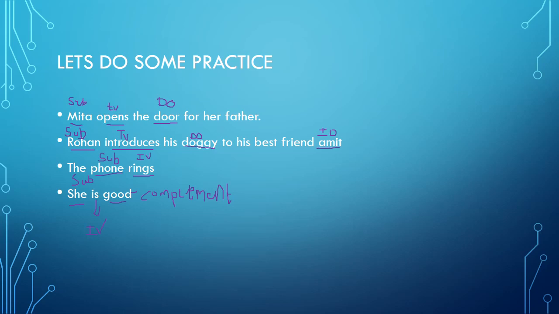Now, Rohan introduces his doggy to his best friend Amit. So here Rohan has named his doggy. Okay, you shouldn't call it doggy, but he has named it. Now Rohan here is again the subject.